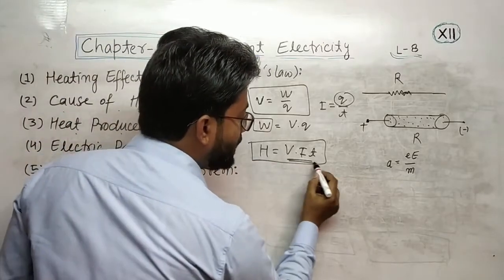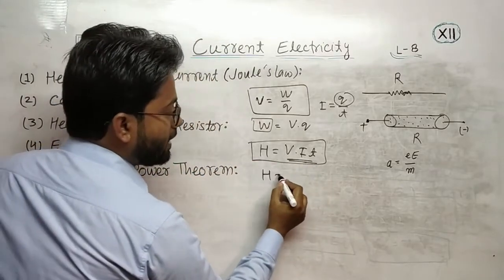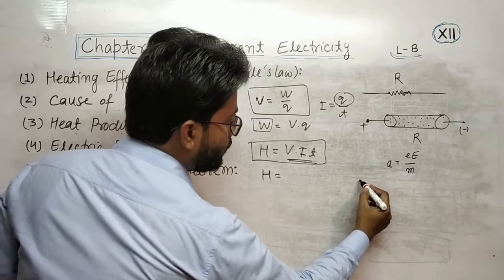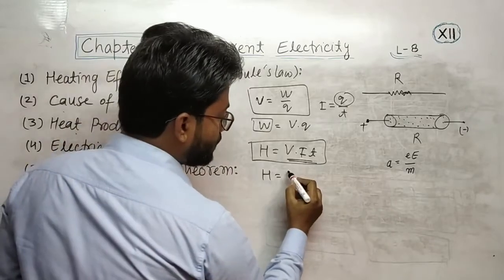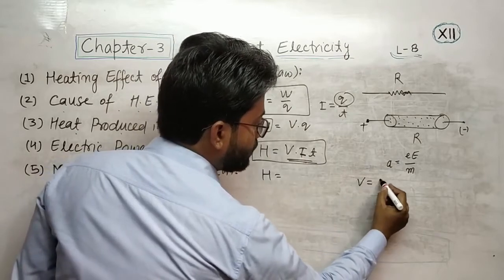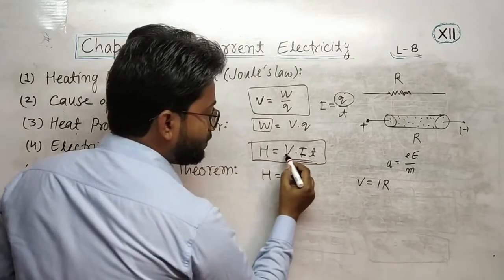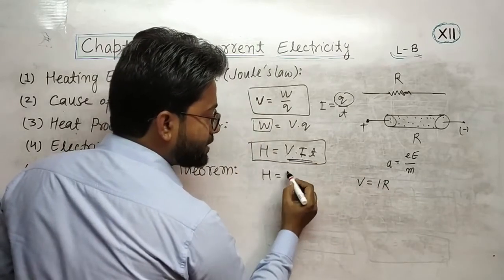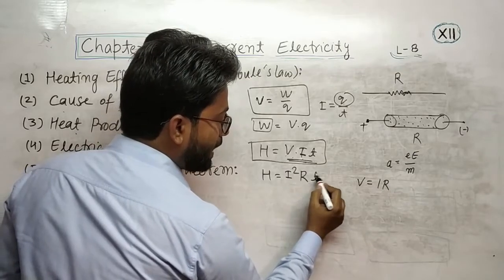That means the heat produced in the resistor will be equal to VIT. In place of V you can write IR, so H equals I squared RT.